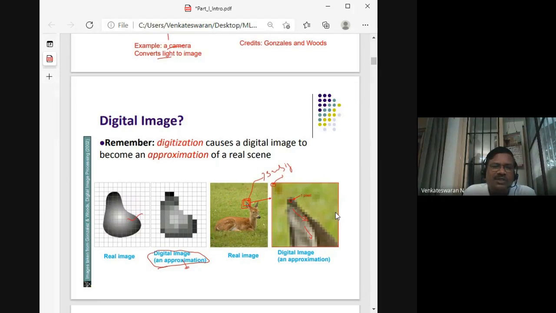While you do digitization, you will agree that this digital image is getting approximated. Approximation is there everywhere, because we talked about in earlier classes, and in your regular classes, teachers will have taught you something like sampling and quantization.